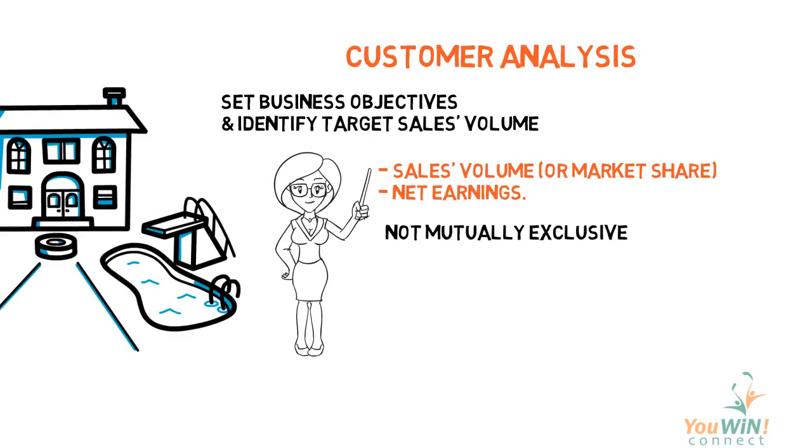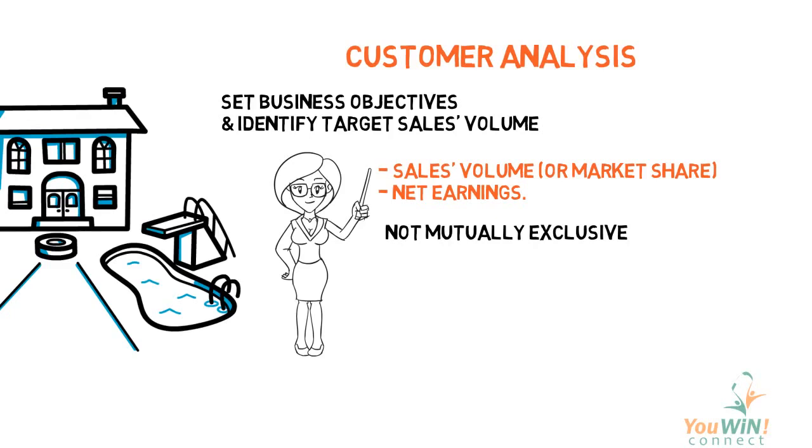One way to reconcile these two objectives is to identify the target sales volume and the profit index, which will be calculated in the financial plan. If the minimum profit index calculated in the financial forecast seems not achievable, we need to come back and review the whole plan.